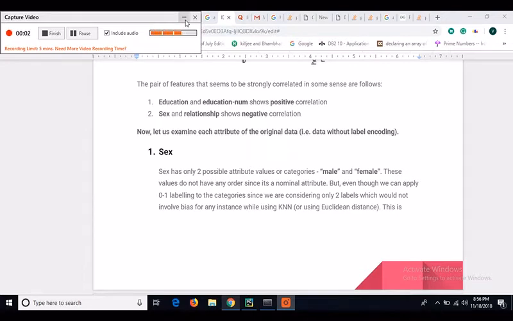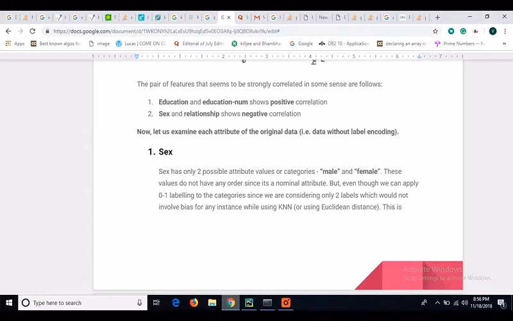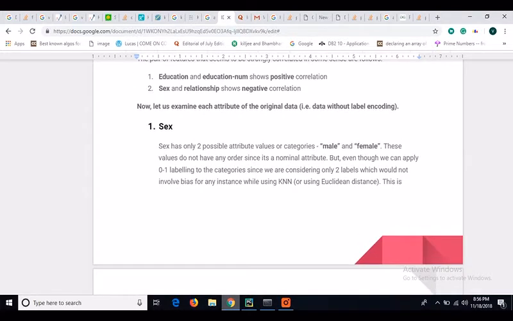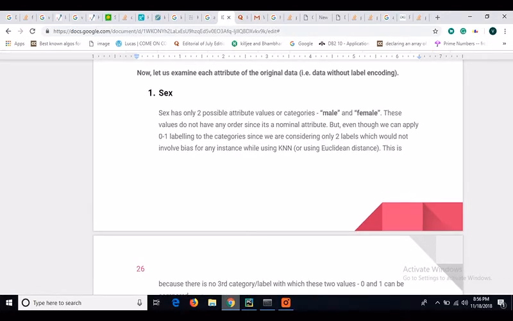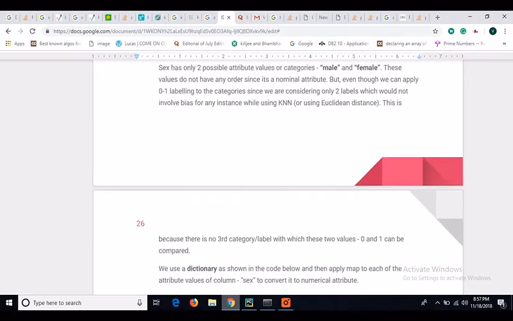So let us look at the first categorical attribute, that is sex. Sex has only two possible categories: male or female. Since we have only two different categories, we can assign 0 to one of them and 1 to the remaining one. This kind of strategy is similar to the one proposed by label encoding, but it will not affect our classifier because we have only two values and the distance between them remains constant.